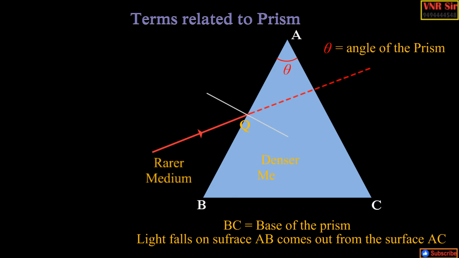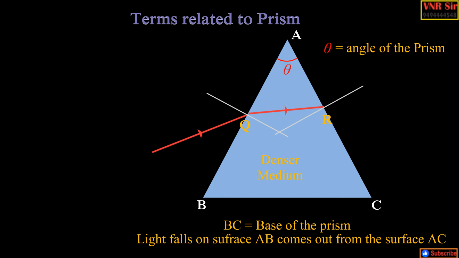The prism has a substance whose refractive index is greater than air, so the light bends towards the normal. In the prism the light travels from point Q to point R, and again it falls on surface AC. At point R, let us draw a normal to the surface.